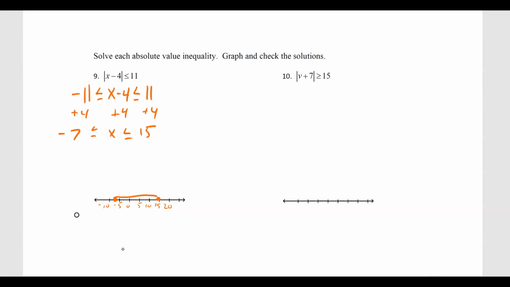Last one for the day. With the greater thans, or the greater than or equal to's like these ones are, you always just copy down the problem as is. And then you copy down the problem again, flip your inequality, and take the opposite.